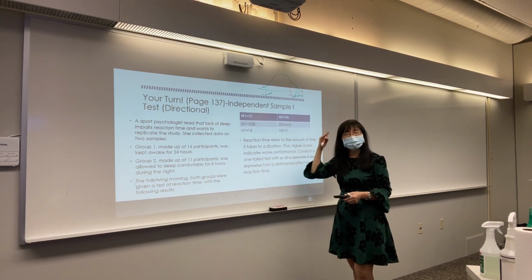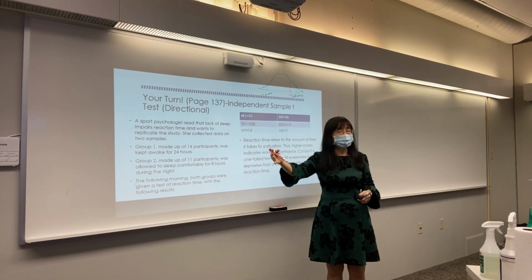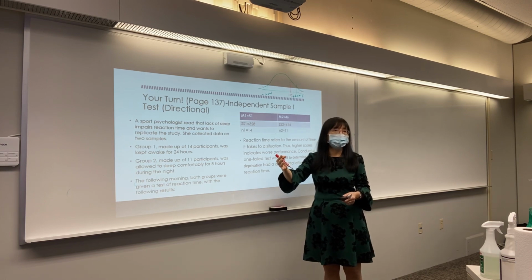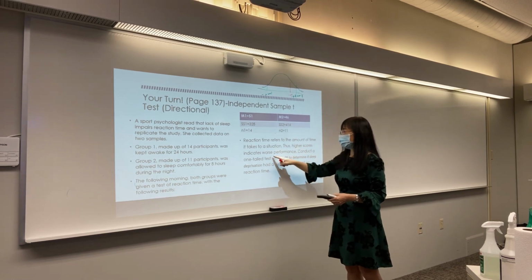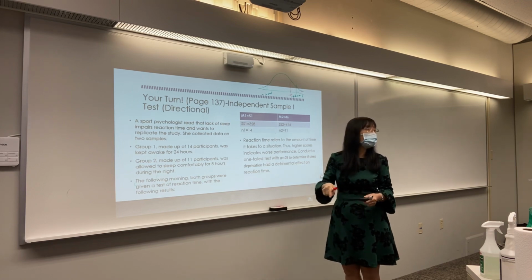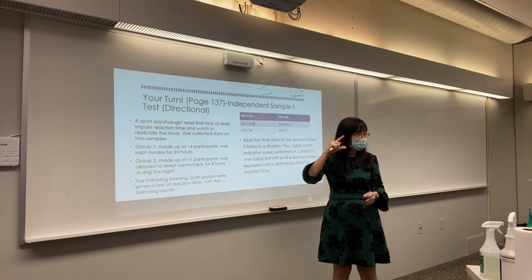So before we move, I show you the hypothesis. So how do we set hypothesis? We put greater or put less? We say higher score indicate worse performance. You put greater in your research hypothesis.